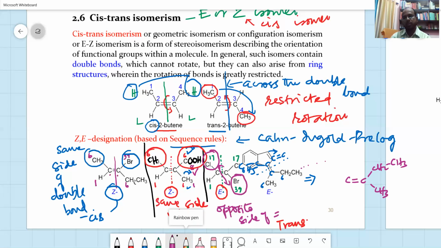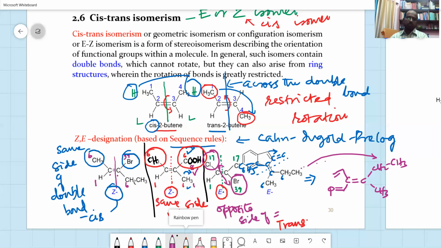This one I am writing here. Okay, so this C is connected to a 5-membered ring. That means of a single bond, double bond, it is connected like this. And here you are connected like this. This double bond. This is C6H5 group is there.